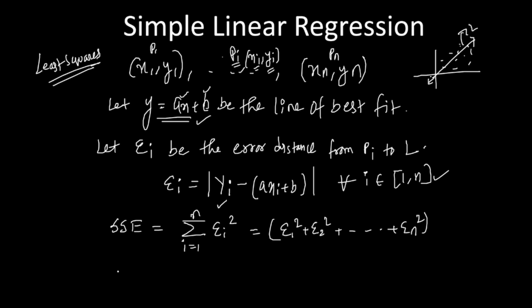So let's write this down again in simple form. This should be summation i equals 1 to n of (yi minus a xi minus b) whole squared. We want to minimize this SSE. Let's call this SSE as f. So f is the function which we want to minimize with respect to a and b, which are the variables. I think it is clear up to now.